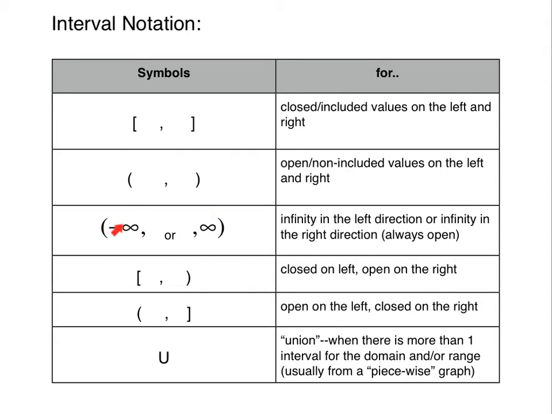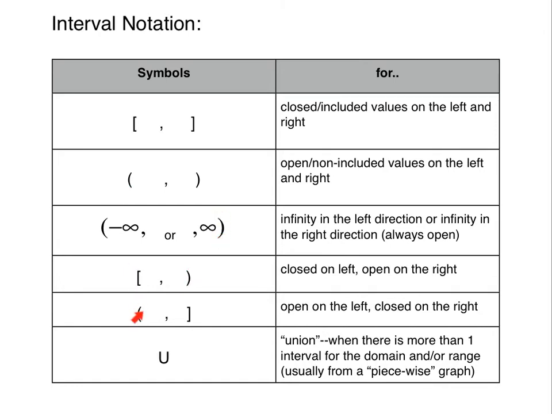You've got the negative infinity for the direction that goes in the negative x or the negative y direction. Positive infinity for the positive x or the positive y. These will always have the parentheses because infinity goes on forever. It never ends at an exact value. So those symbols are the same as here. They're open symbols.